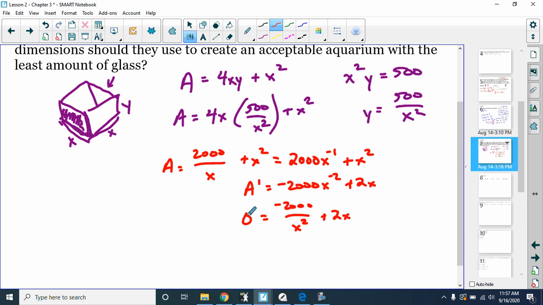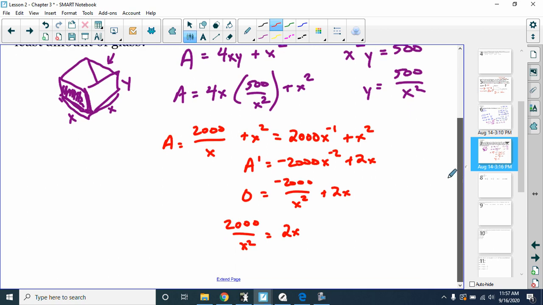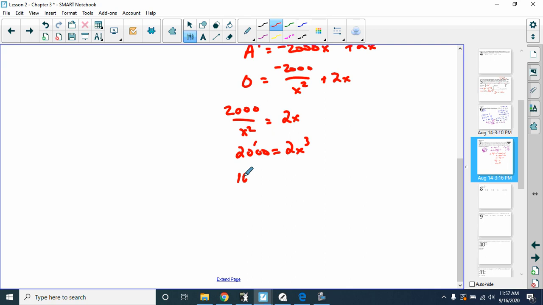I'm going to add this to this side. Multiply by x squared. Divide by 2. And cube root, and we get x equals 10.